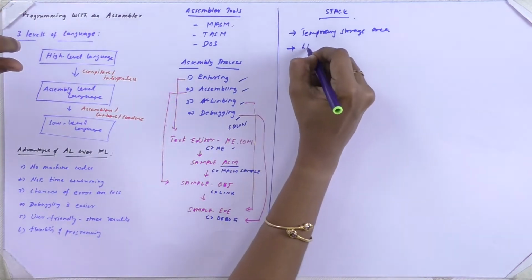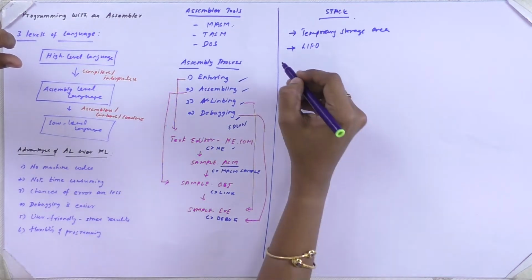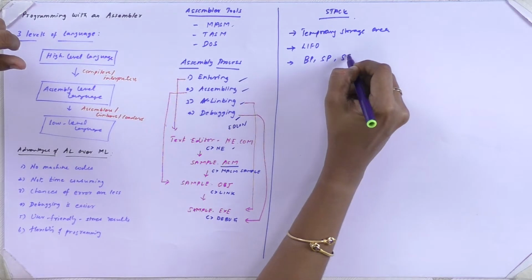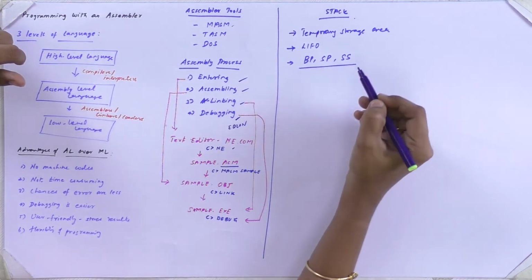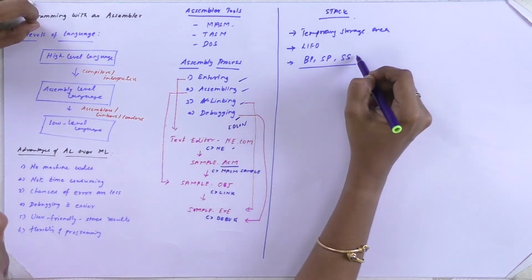It works on a LIFO basis, that is last in, first out, and it makes use of three registers: base pointer, stack pointer and stack segment. These are the various registers used by this stack area.